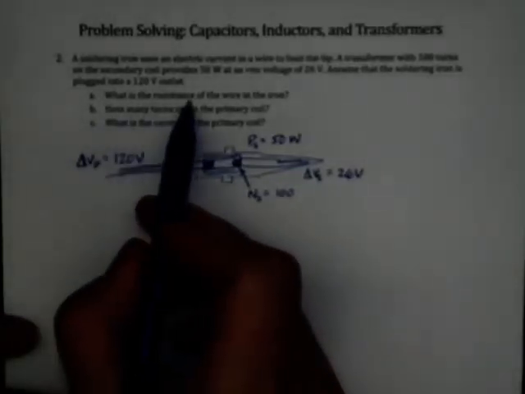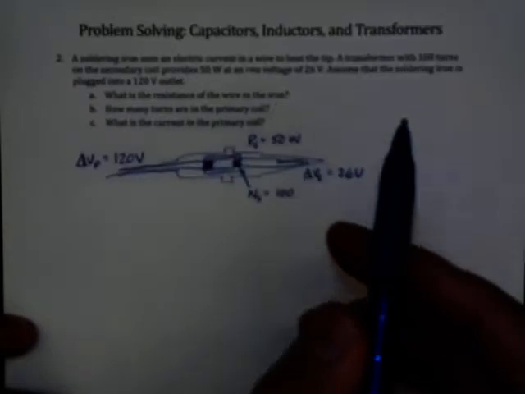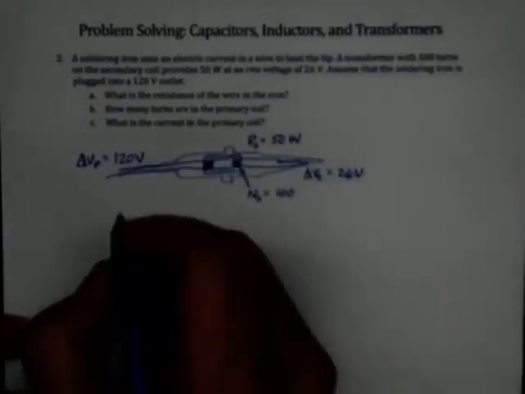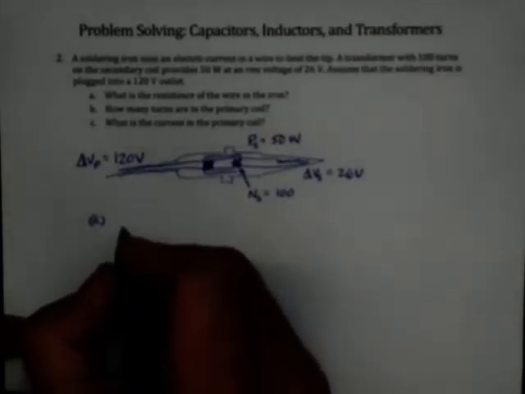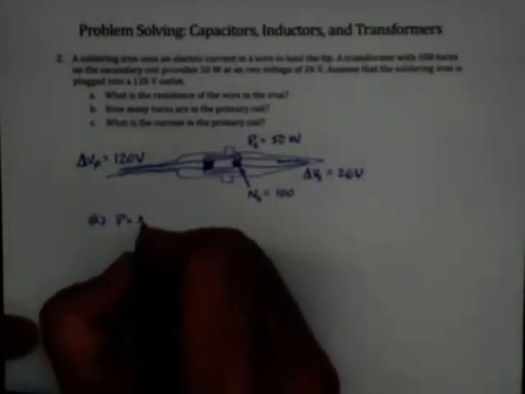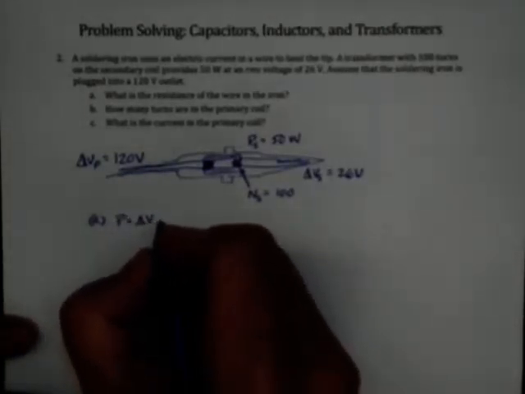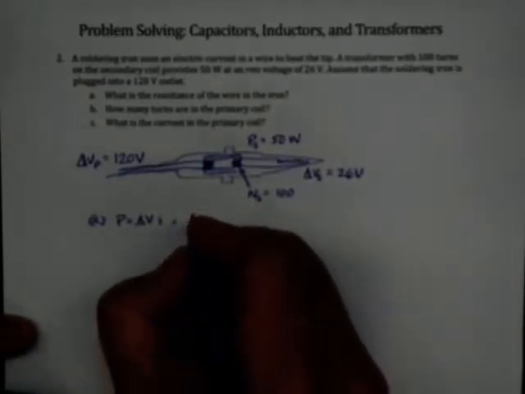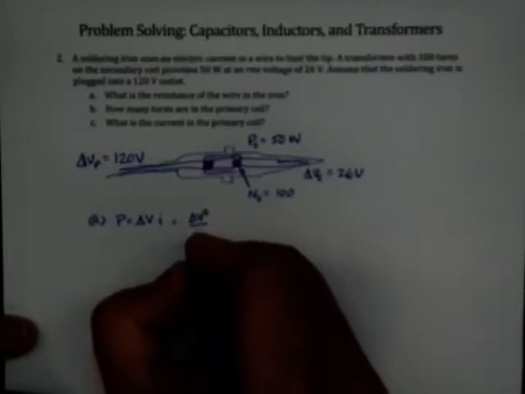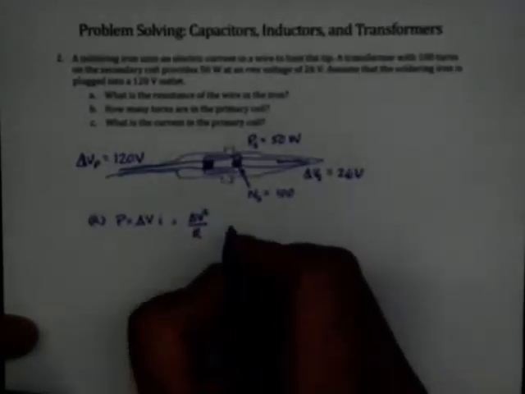Alright, what is the resistance of the wire in the iron? Well, we can do this back to our idea from the electric circuits unit that relates power to potential difference and current. But again, we showed that that could be also rewritten as the square of potential difference divided by the resistance.